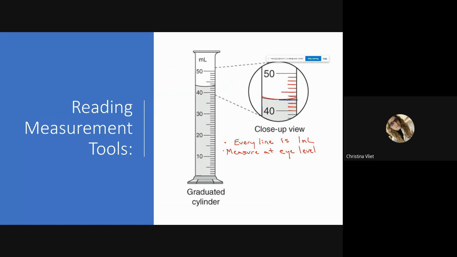Do I have more or less than 40 milliliters of water in this example? More. Do I have more or less than 44? This is 1, this is 2, this is 3, this is 4. Less. So I know it's right around 43. Do you agree? Yeah. Right around 43.